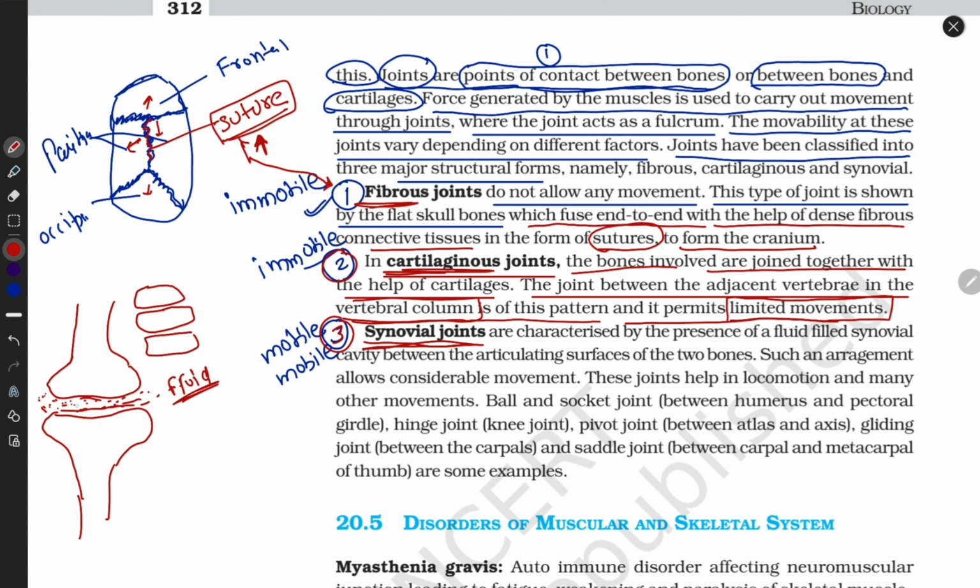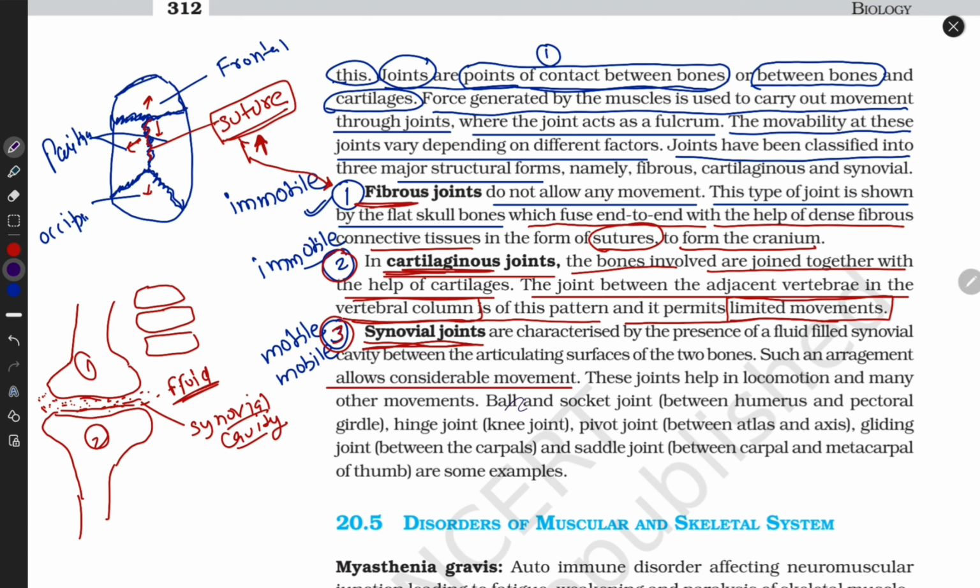This cavity where this fluid is present, we call a synovial cavity. Due to this gap between the two bones, the bones can easily move and allow the movements. Depending on their movements, there are many types of joints.